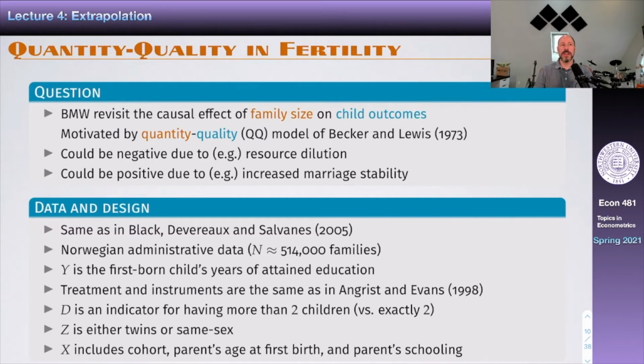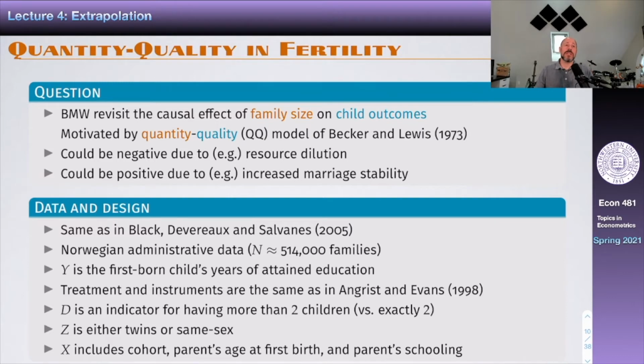This is one of these applications in which you want to know the effect of family size on child outcomes, actually the outcome of the older children. And you can tell a story in which this effect could be negative, which I wrote here as resource dilution. It's like you're a parent, now you have 10 kids and you cannot devote that much time to your oldest one.